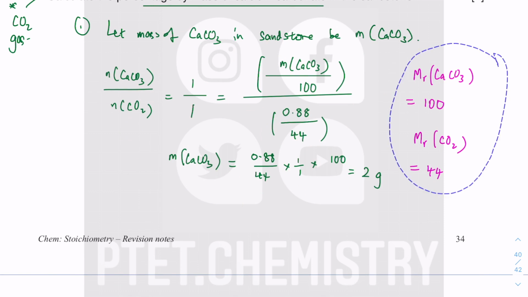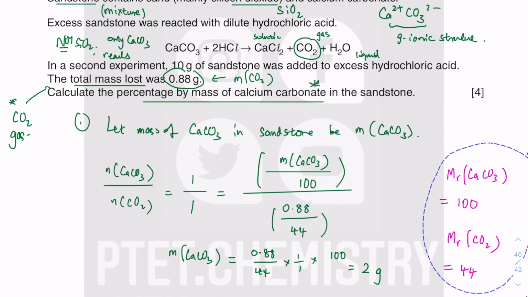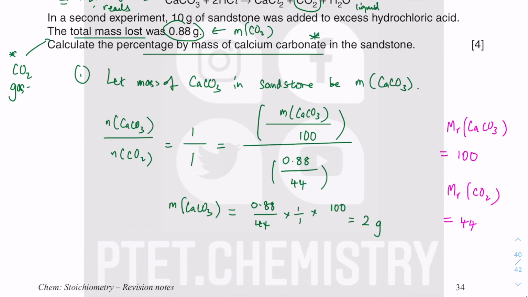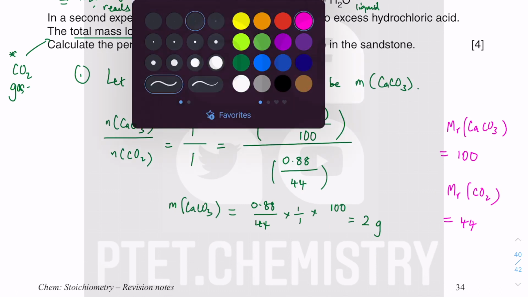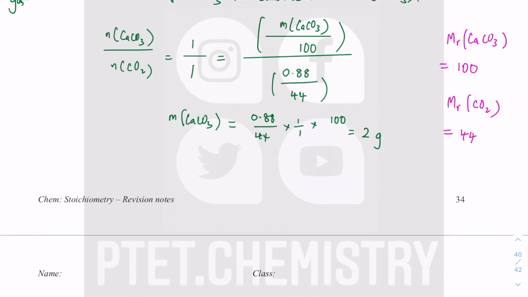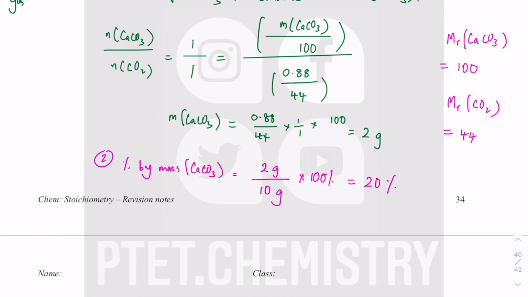All right, so out of the sandstone, there's 10 gram of it, only 2 gram of calcium carbonate that actually reacted. So percentage by mass of the calcium carbonate: out of the 10 gram of the sandstone, only 2 gram is calcium carbonate. So put that into the calculator and you will get 20% exactly.